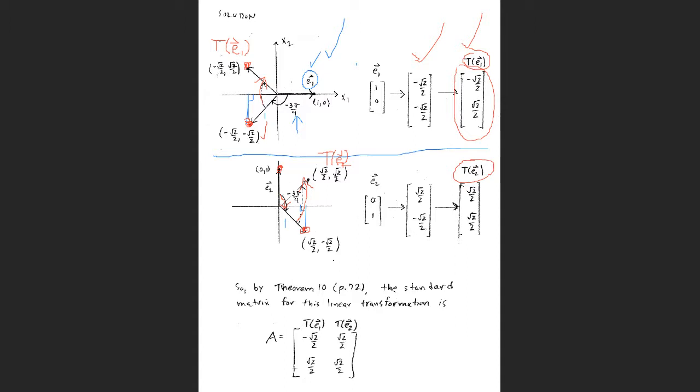And therefore, by theorem 10, the standard matrix for this linear transformation is right here, this 2 by 2. And that's how you find the standard matrix.